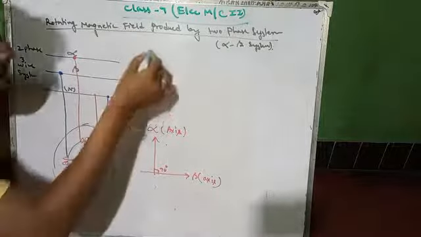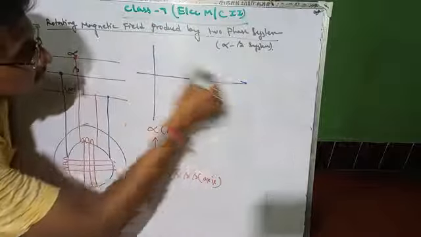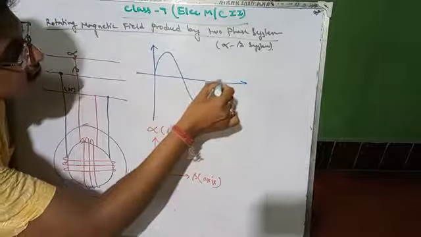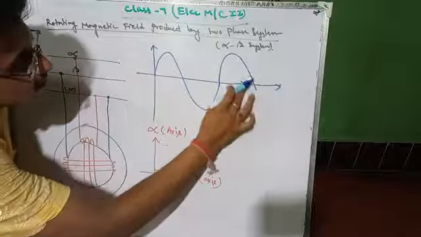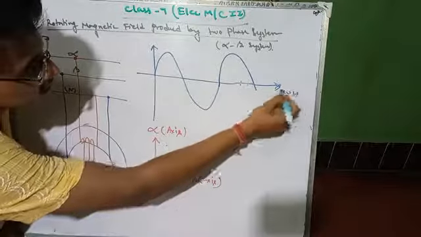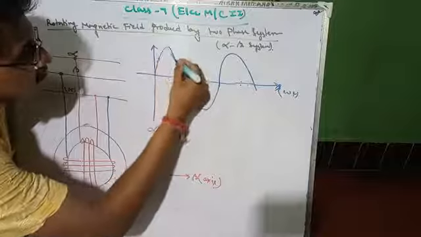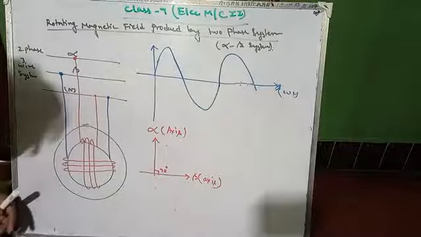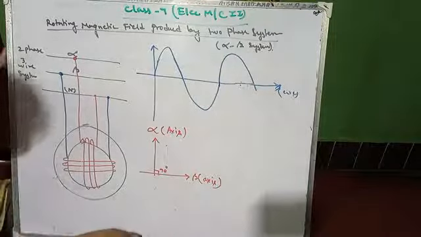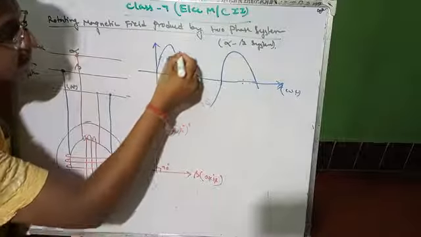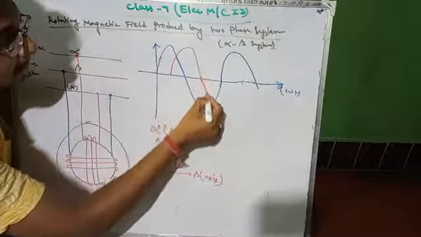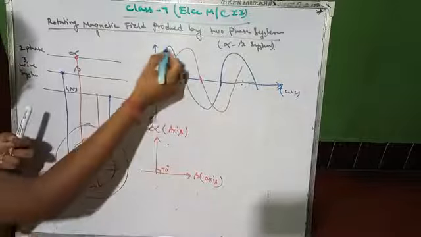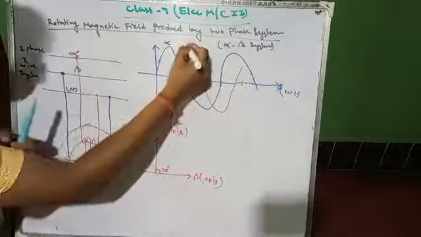That means if we want to express it, suppose alpha is taken as omega t, this is your alpha, and beta will be phase shifted by 90 degrees. So this is alpha, and this is beta.